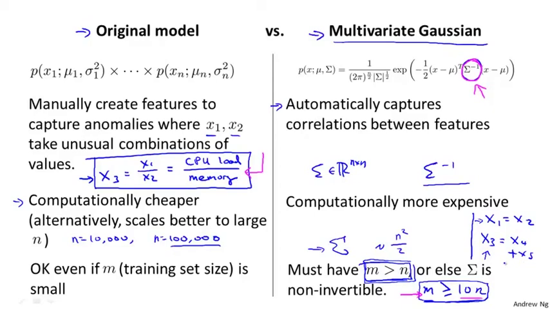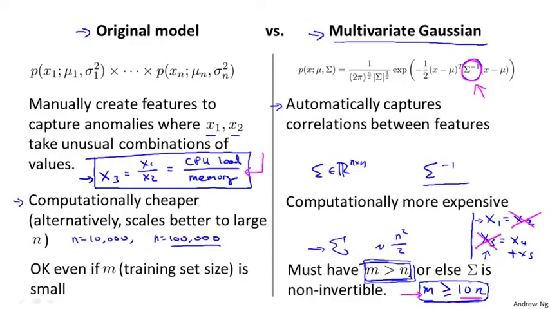But in case you implement a multivariate Gaussian model and you find that sigma is non-invertible, what I would do is first make sure that m is quite a bit bigger than n. And if it is, then the second thing I do is just check for redundant features. So if I have two features that are equal, just get rid of one of them. Or if you have redundant features like x3 equals x4 plus x5, just get rid of the redundant feature, and then it should work fine again.